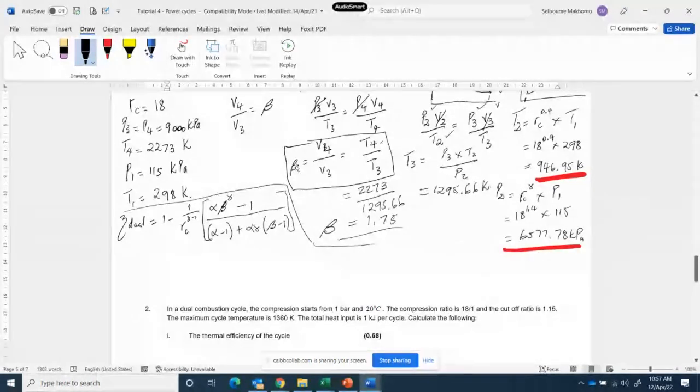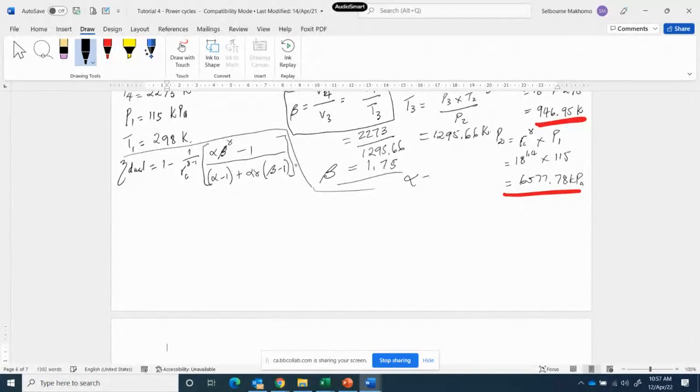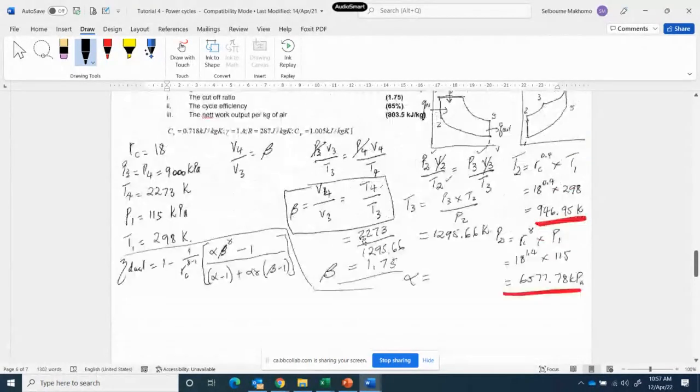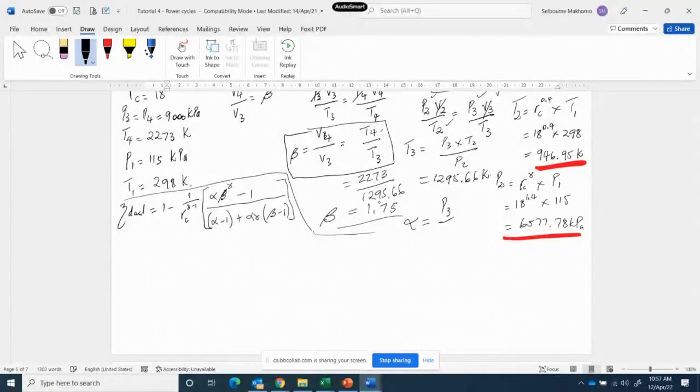The only thing that we don't have is the pressure ratio, which is P3 over P2. P3 is 9,000 divided by P2, 6577.78. So that alpha is 1.368. That is our pressure ratio.